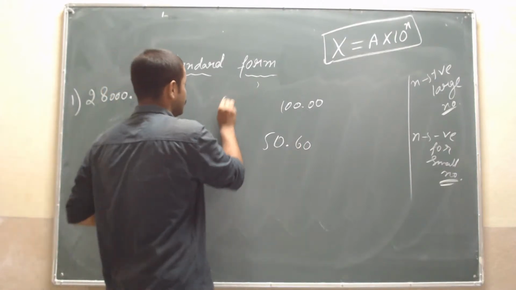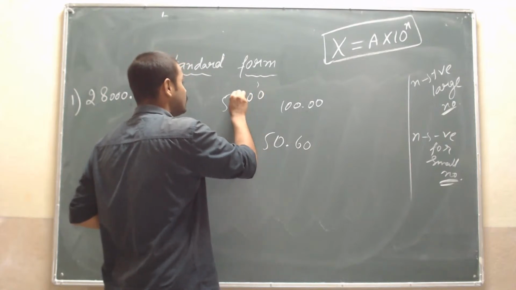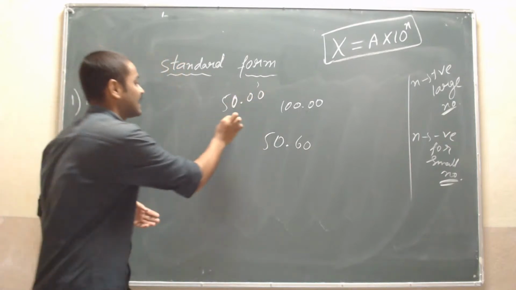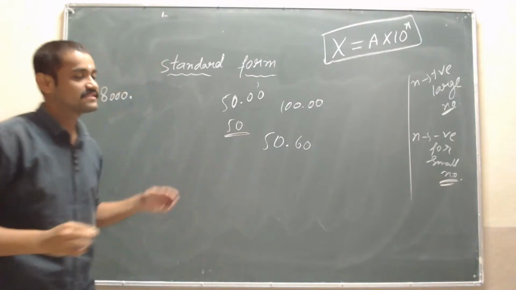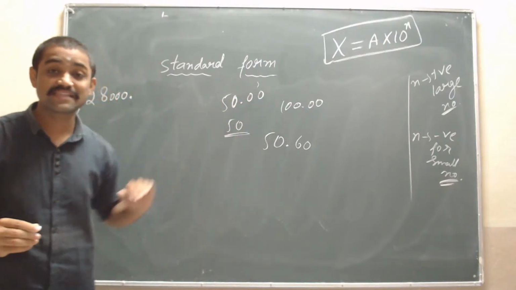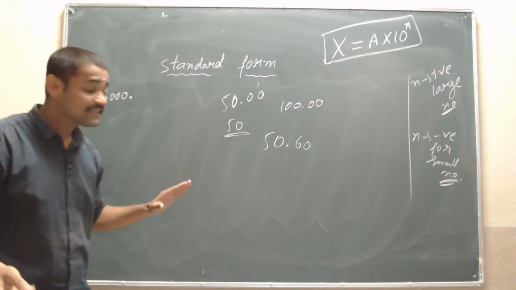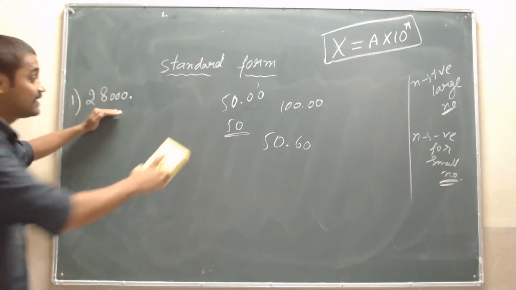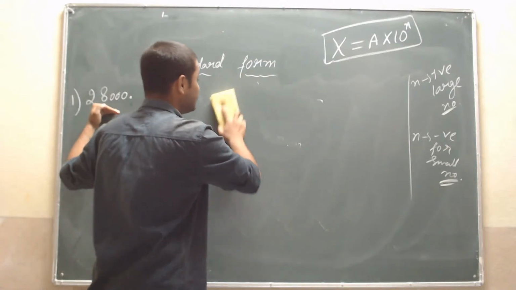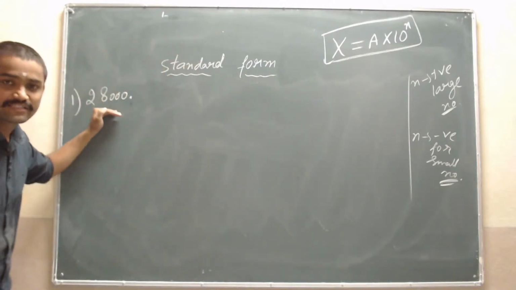If it is 50.00, we will neglect the point as well as the zeros and easily write 50. So in this question we have the decimal point at the last.